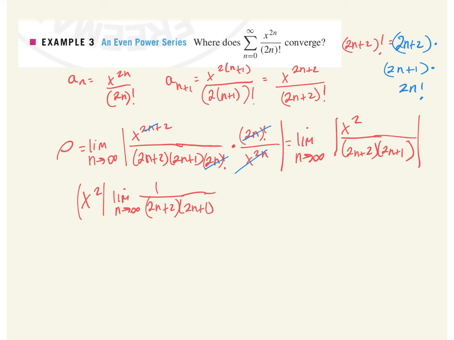So we would have the absolute value of x squared times 0, which is equal to 0, which is always less than 1. And therefore, we can make an always statement on this one that it will always converge, implying that the radius of convergence is infinity. So we don't have to test endpoints on this example.